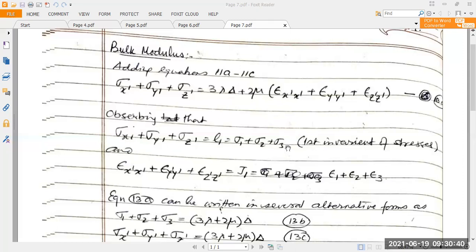Now, what happens here? Epsilon x dash plus epsilon y dash plus epsilon z dash is equal to J1, which is epsilon 1 plus epsilon 2 plus epsilon 3, the first invariant of strain itself.